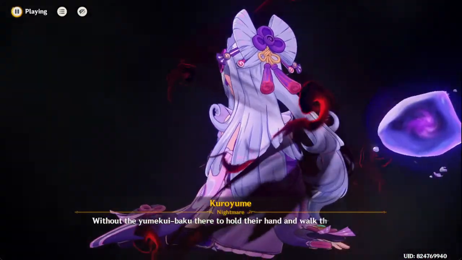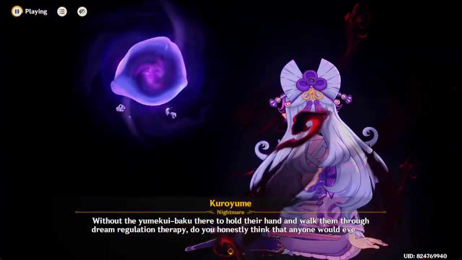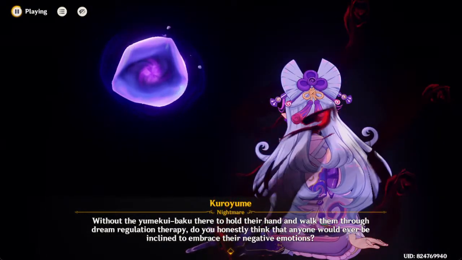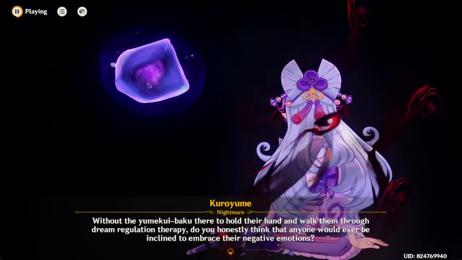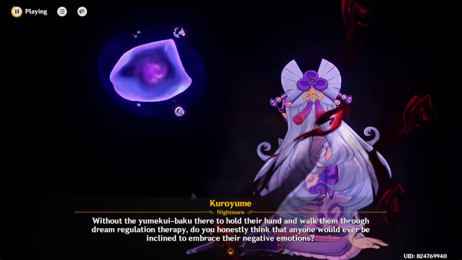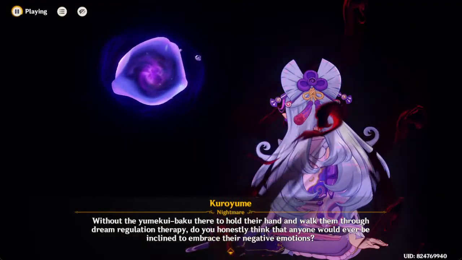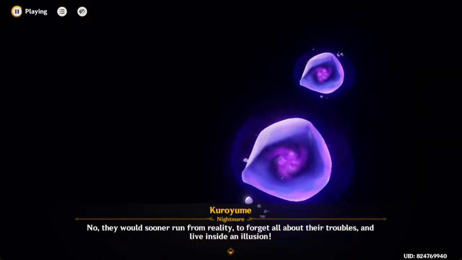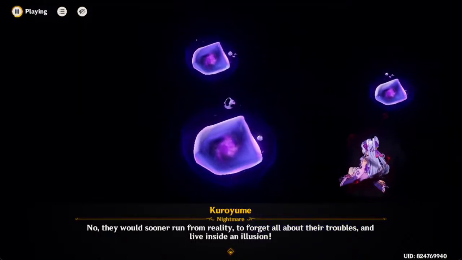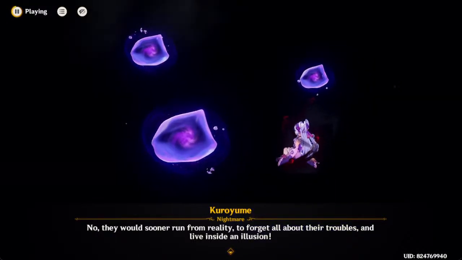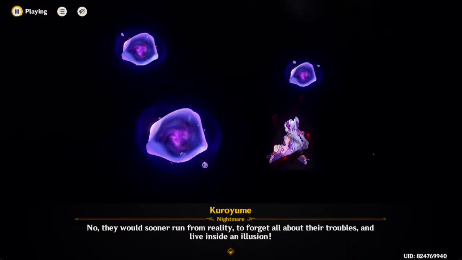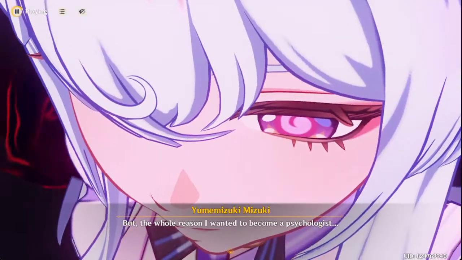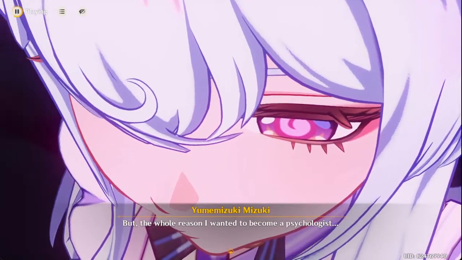Without the Yumekibaku there to hold their hand and walk them through dream regulation therapy, do you honestly think that anyone would ever be inclined to embrace their negative emotions? No, they would sooner run from reality to forget all about their troubles and live inside an illusion. But the whole reason I wanted to become a psychologist.